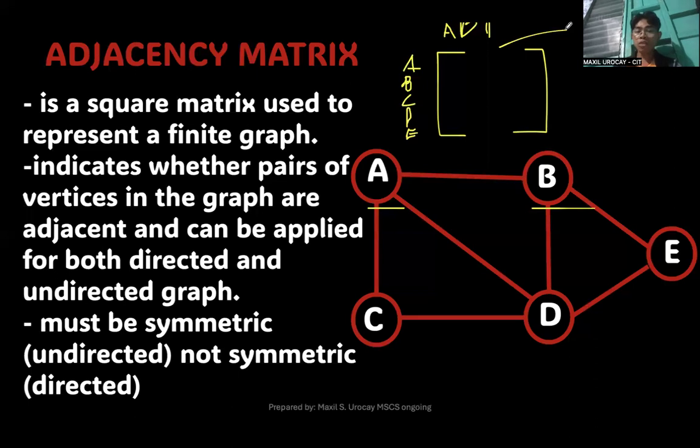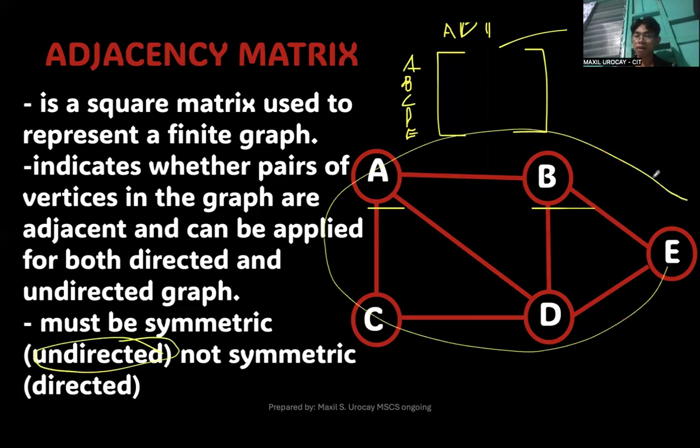Now that indicates whether pairs of vertices in the graph are adjacent, and it can be applied for both directed as well as undirected graphs. Just take note, for the undirected graph, it must be symmetric.